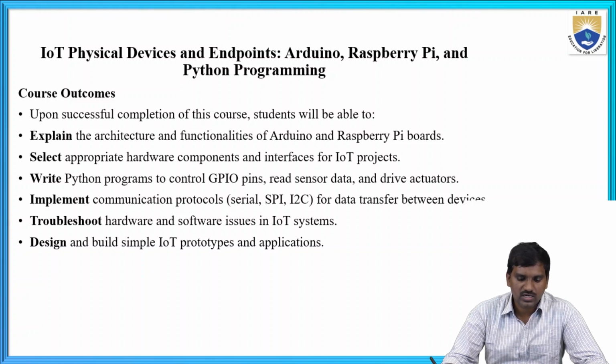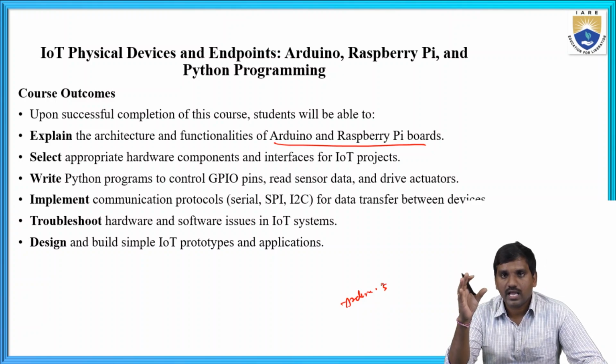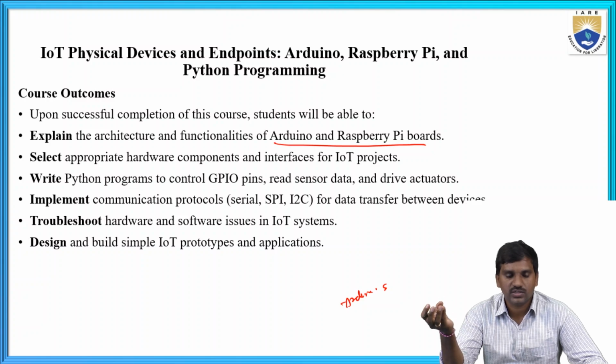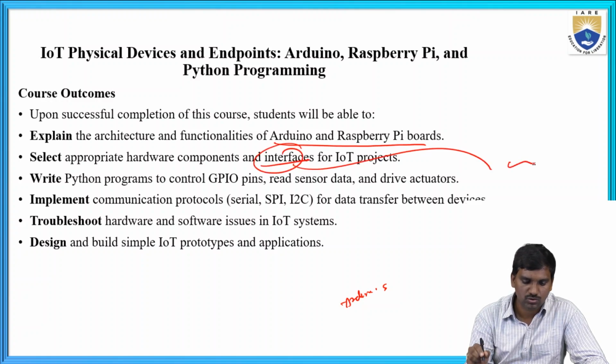Explain the architecture and functionality of Arduino and Raspberry Pi boards. So we have only Arduino and Raspberry Pi boards. Along with this, we use some external devices to implement IoT devices. Select appropriate hardware components and interfaces for IoT projects. Interface is nothing but communication protocols.